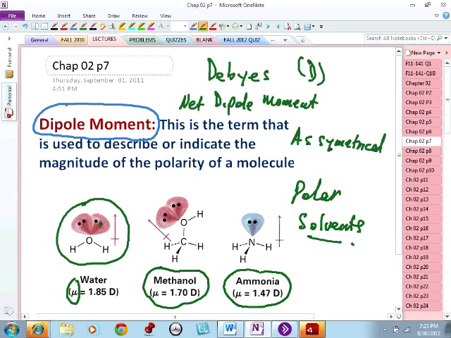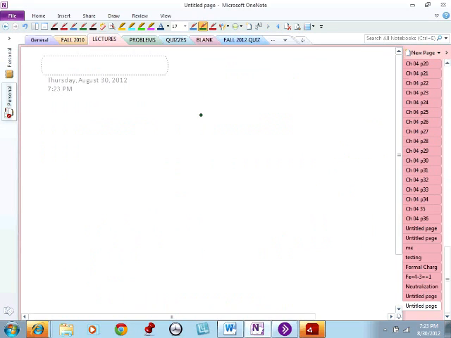On the other hand, if a molecule is symmetrical, it will have no dipole moment. For example, supposing I have this here. The question you will be asked is, will this molecule have a dipole moment?